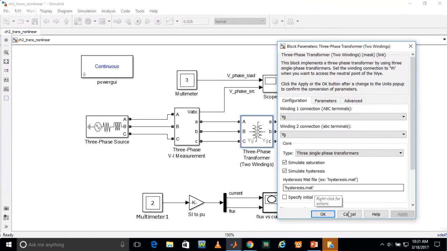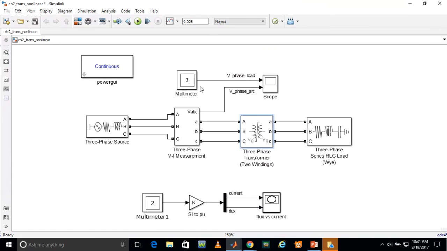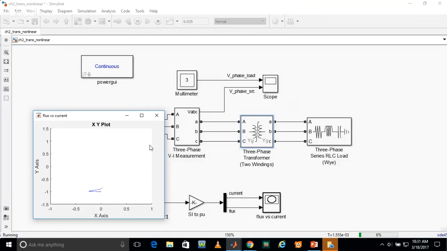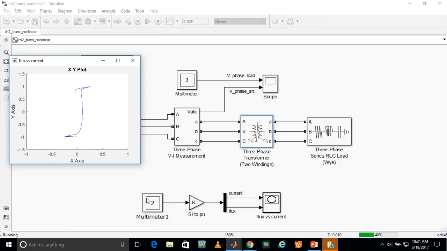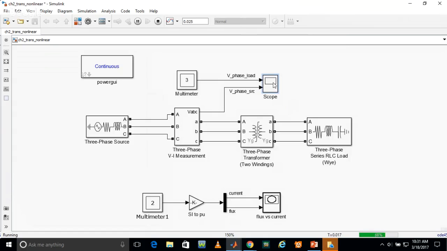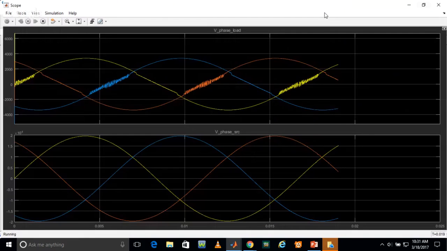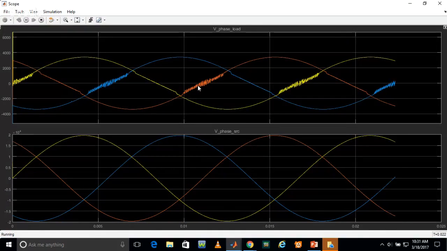Your circuit will look something like this. If you run this, a plot comes up between flux and current because we have connected this circuit also, the below circuit, multimeter with SI to PU, and the flux versus current graph will appear. In this scope we can see that because of saturation or hysteresis, the waveform is deforming in the RLC load, right?